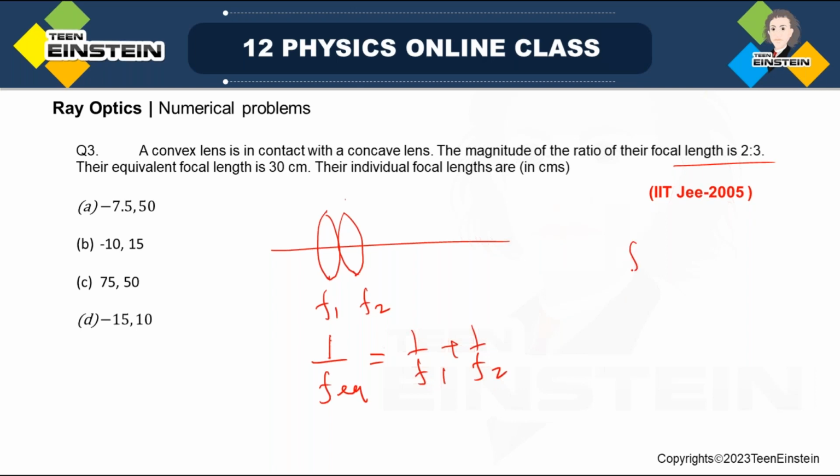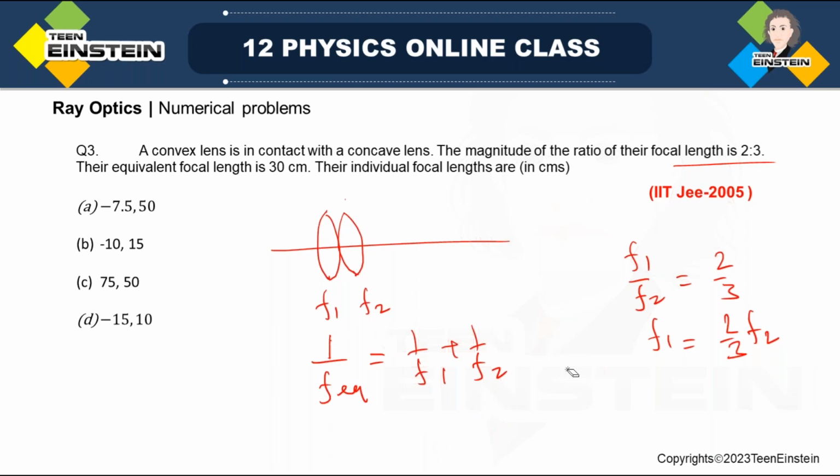Let us say f1 by f2 is equal to this. So if we have to find f1, I can convert it into a single one, 2 by 3 f2. This has to be inverted anyway.